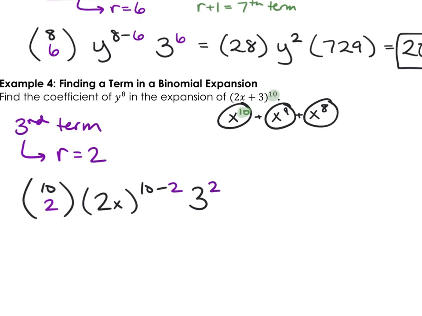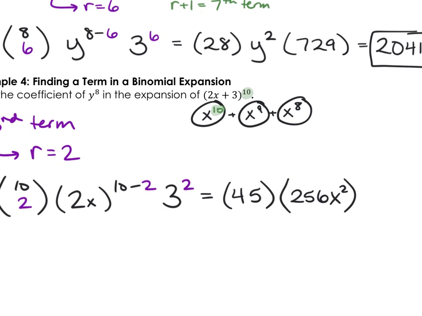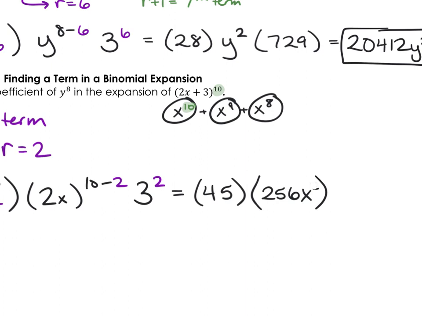Again, I'm going to fast forward through 10 choose 2, that combination. If you don't know where I'm getting these numbers from, see me afterwards. But 10 choose 2 is 45. We would have 2x raised to the 8th power. Well, 2 to the 8th power is 256 x to the 8th.